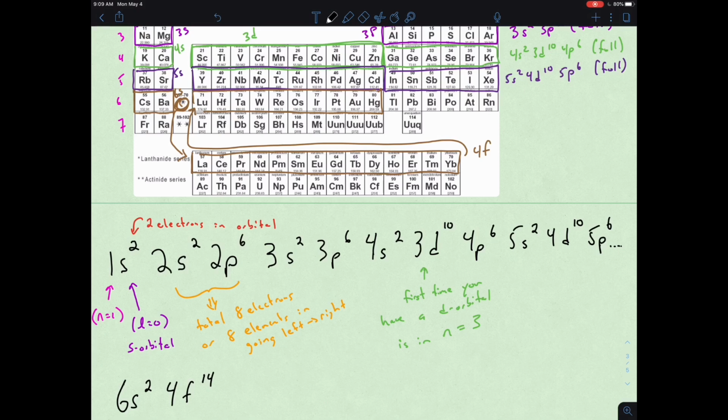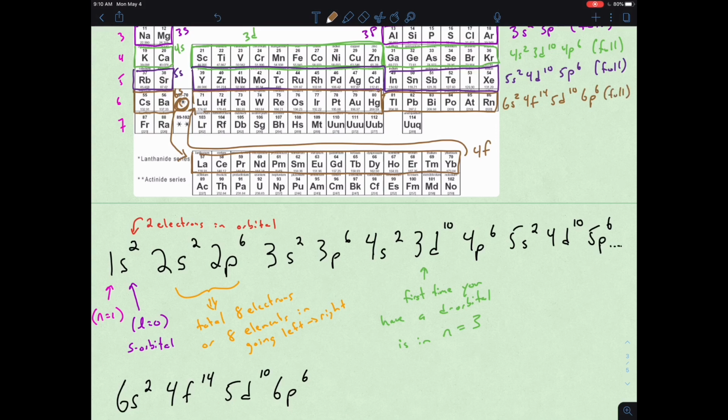And then we jump back to the D set. And in this case, we're in the 5D set. And then we can go over and fill up the 6p. So with that, we have our 6s2, 4f14, 5d10, 6p6, and now that is full.